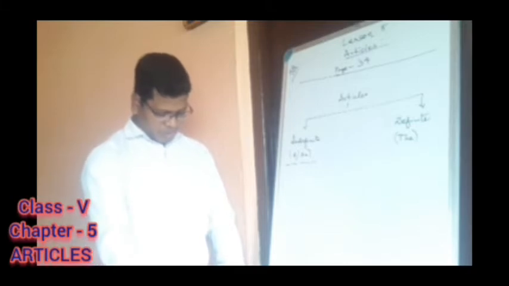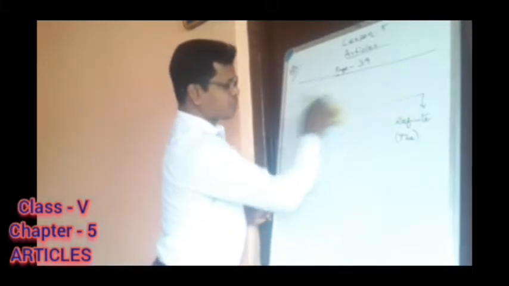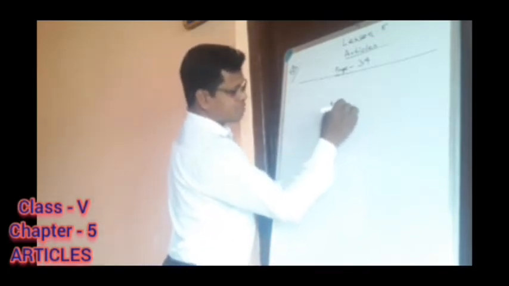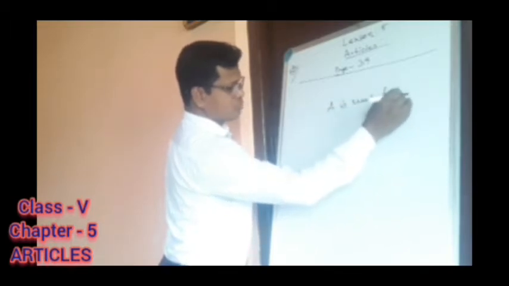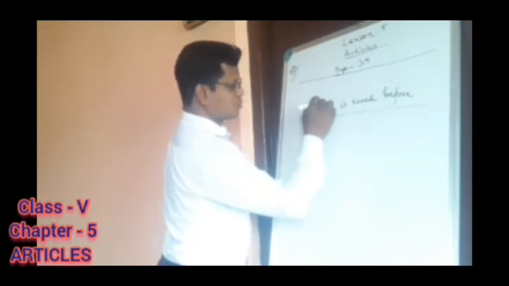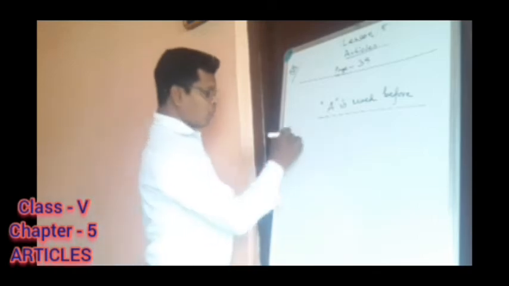Now we will talk about the usage of a, where to use a, where to use an, all these things we are going to see now. A is used before, I'll just say the first one, before a consonant.